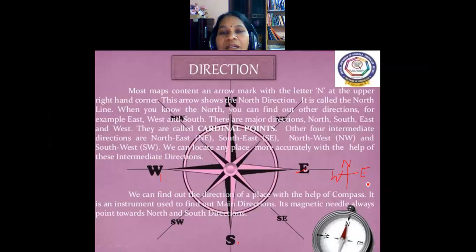We can locate any place accurately. We can find the direction of a place with the help of a compass. See, this is a compass: north, west, east and here south. It is an instrument used to find the main directions. It has a magnetic needle.